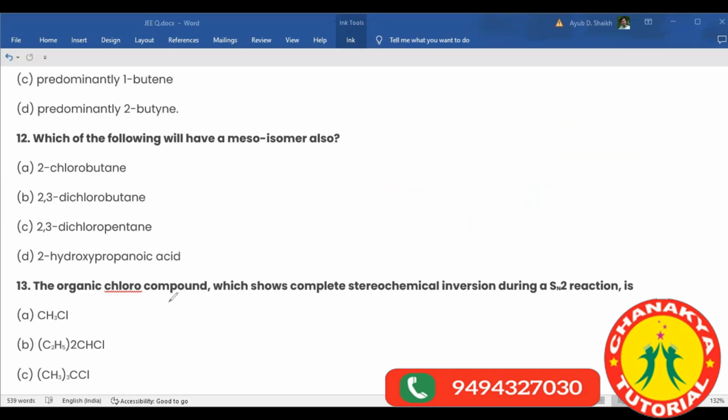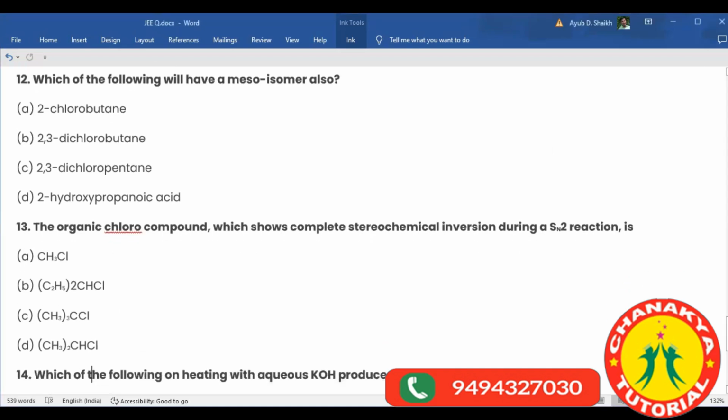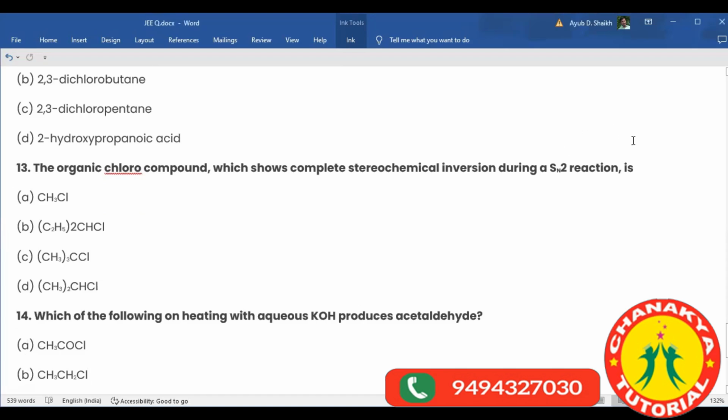Now next, 13. The organic chloro compound which shows complete stereochemical inversion during SN2 reaction is... It is there in front of you. Which one would show the complete inversion? Ma'am, it's option A. For what reason?